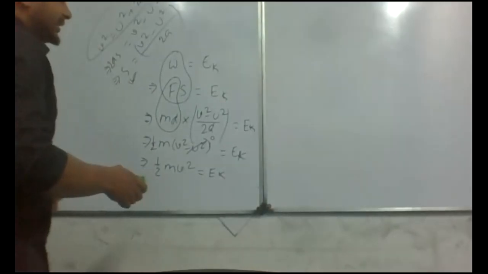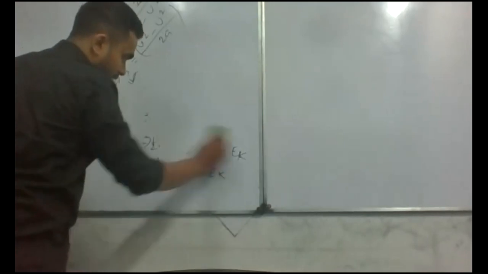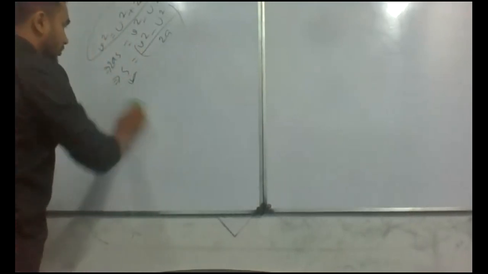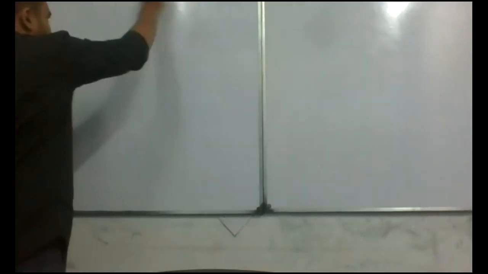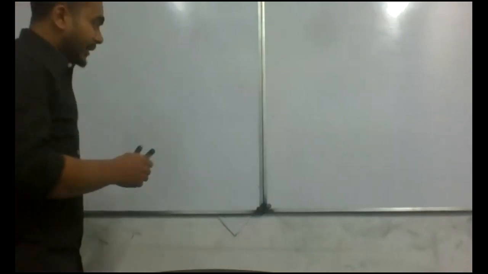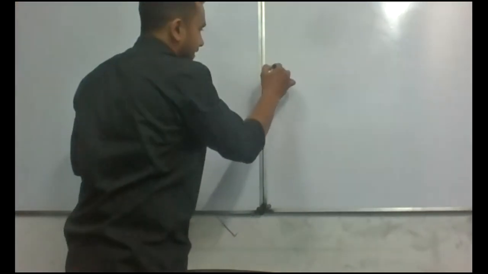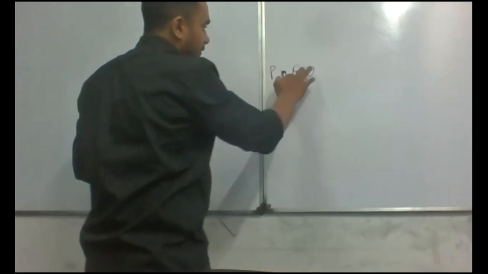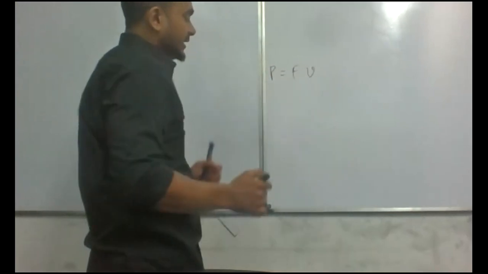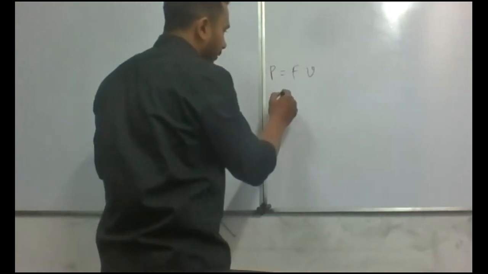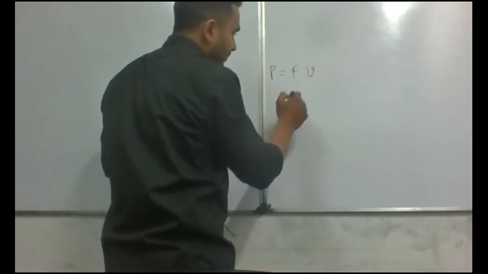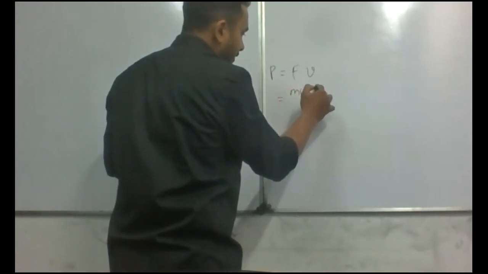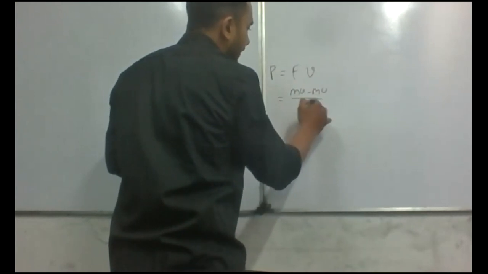সো একদিকে আমাদেরকে কি ইনফরমেশন তারা দিয়েছে এবং কোন কোন ইকুয়েশন আমাকে ইউজ করতে হবে এটা আমাদের। সো পাওয়ার ডেভেলপড is actually force into the velocity. So if I know the force and if I know the velocity, then I get the power. Now I don't know the force directly, but I know that's (mv minus mu) divided by t.